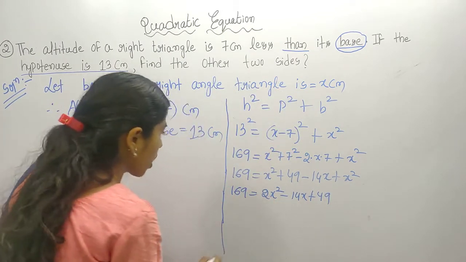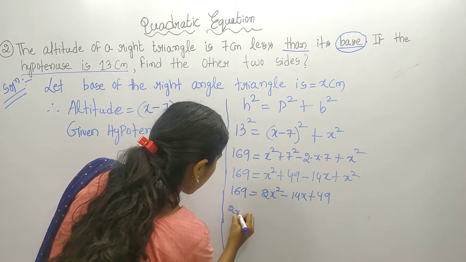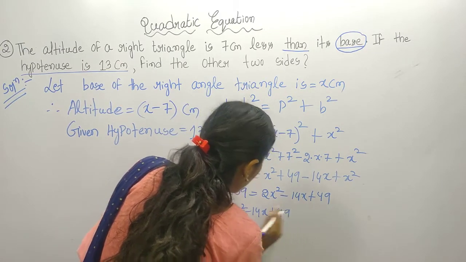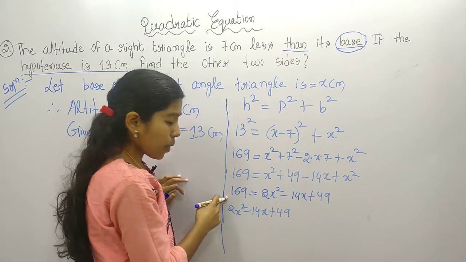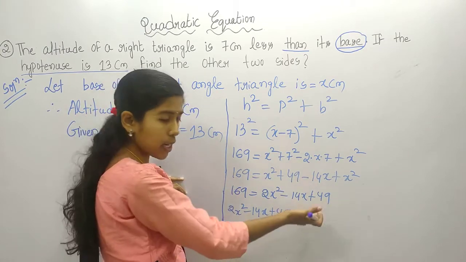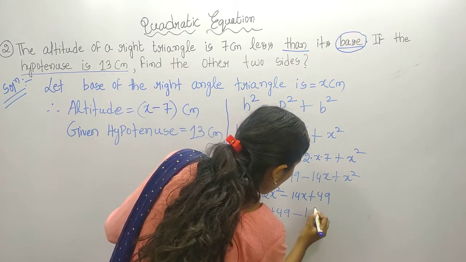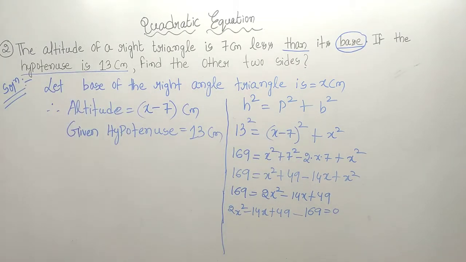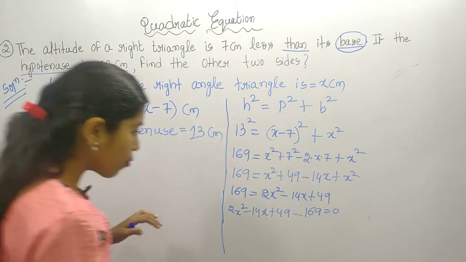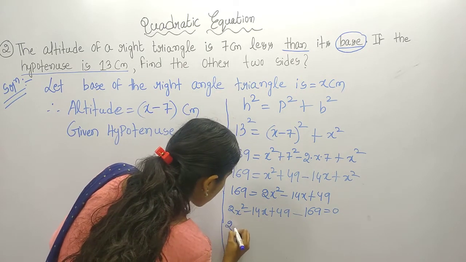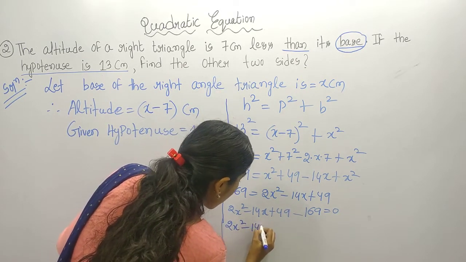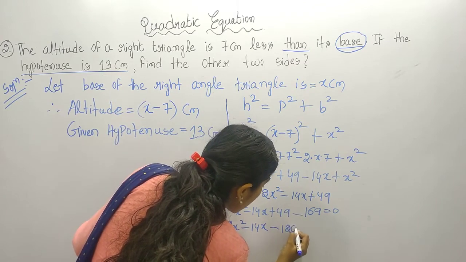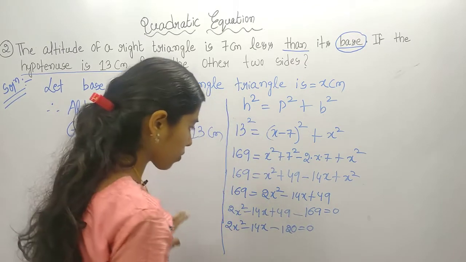Next, you see 2x square minus 14x plus 49, from this side plus 169 is there, you take to right hand side, so it will become minus 169 equals 0. So what will happen, 2x square minus 14x minus 120 equals 0, okay.